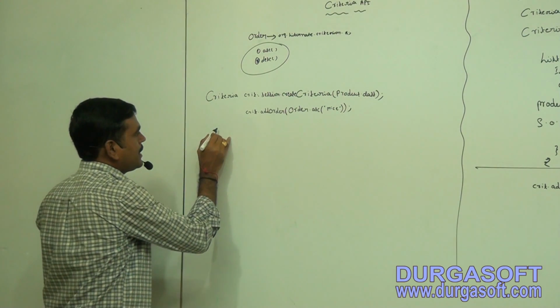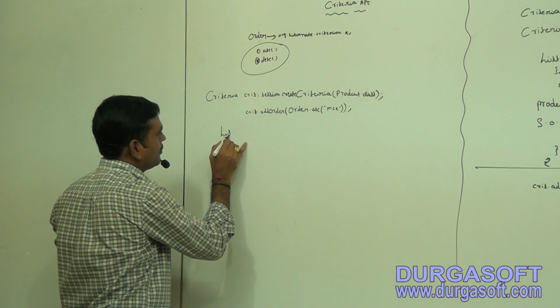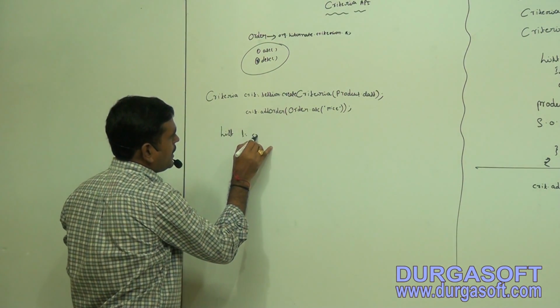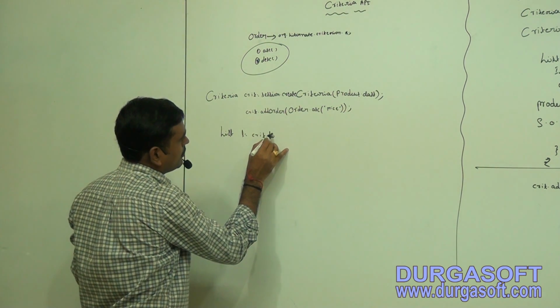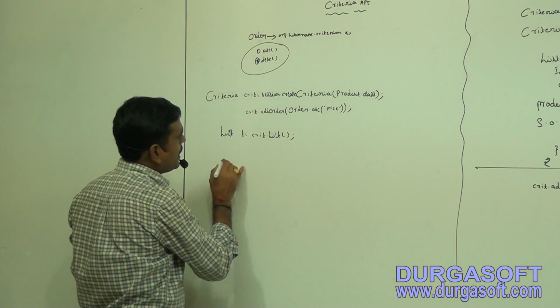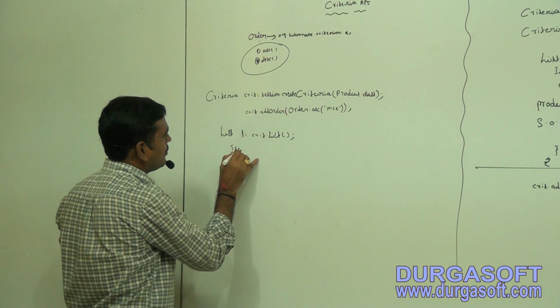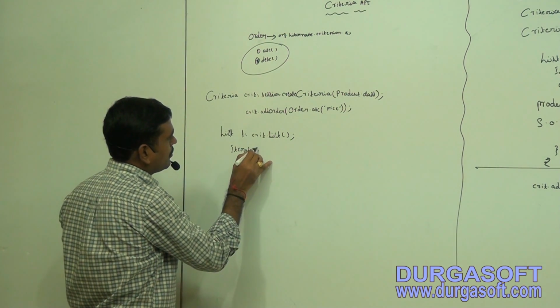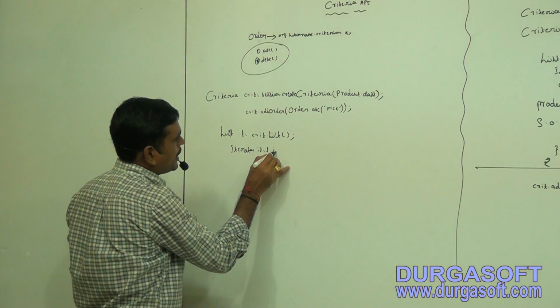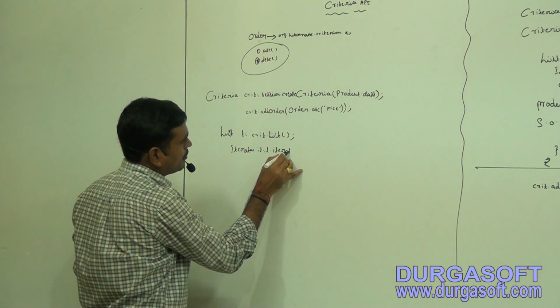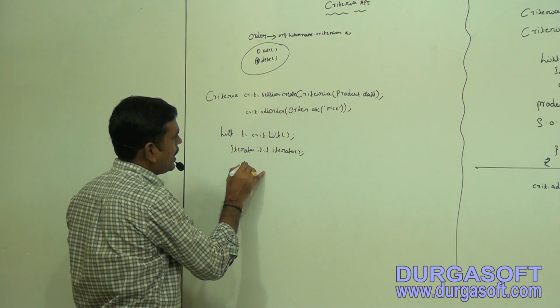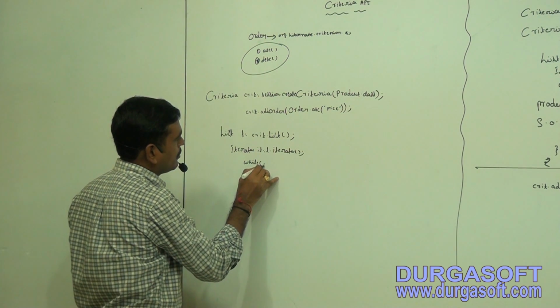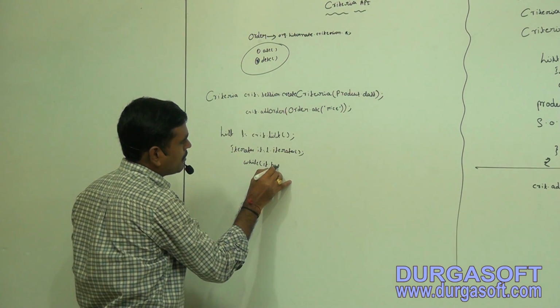After that, as it is, we can get the list object, crite dot list. The next Iterator it is equal to L dot iterator. The next while it dot hasNext.